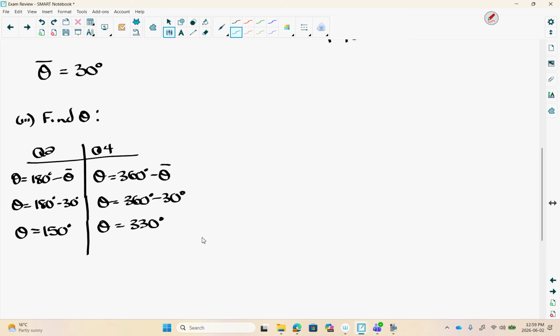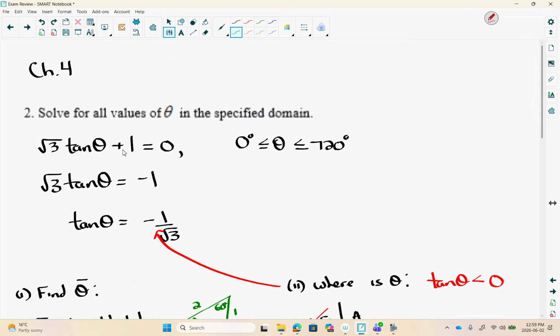Now I can test these answers. If I take my calculator, make sure it's in degree mode. I'm going to do the square root of 3, I'm going to hit the tangent button, fill that angle in, 150, close the brackets, and then I'm going to add 1. If I do that, what should I get?